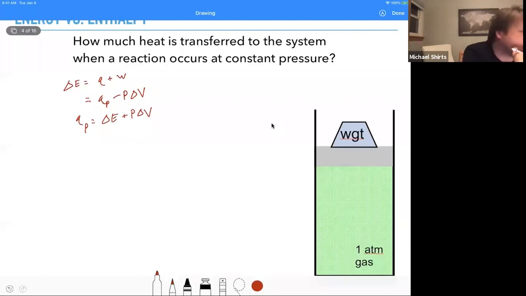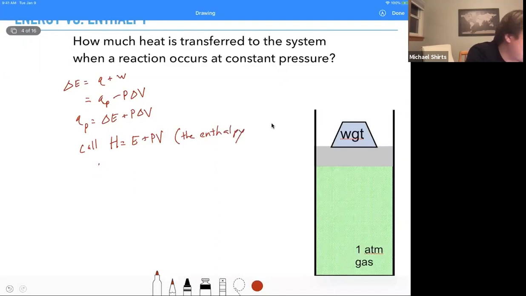So whatever is on this side looks like a difference of state functions. Let's just call it H, E plus PV, and call that the enthalpy. We'll just make this definition.